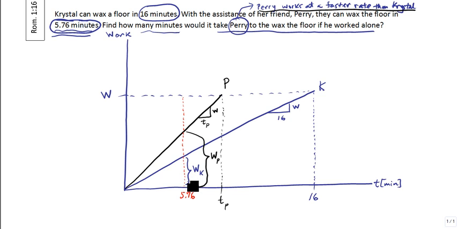So the rate at which Perry was working was faster, and so in the same amount of time, which is 5.76 minutes, Perry did a lot more work than did Krystal.